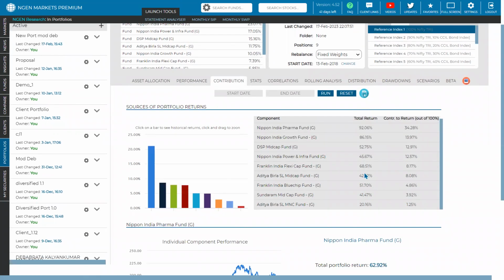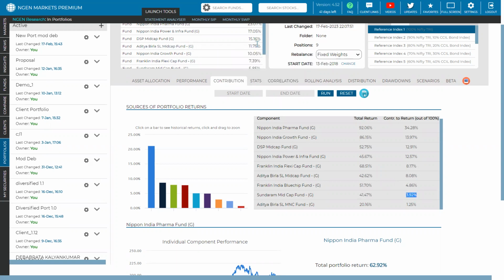The point here is that from 2018 to the current date, there is a very marginal difference between their total returns. The only problem is that Sundaram is allocated less in the portfolio, which is why its contribution is less.